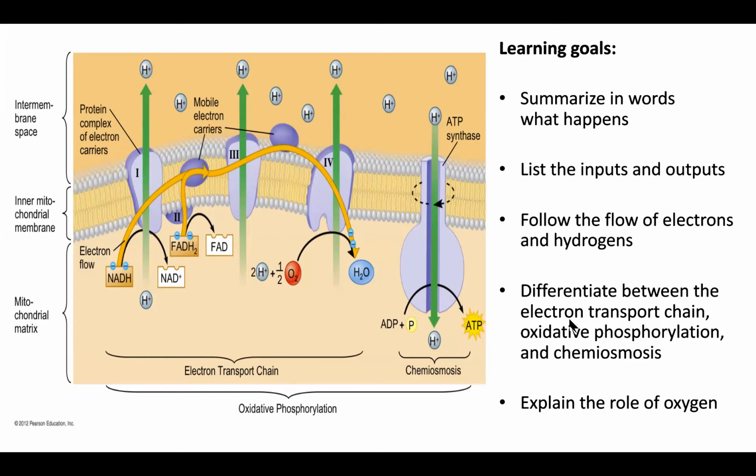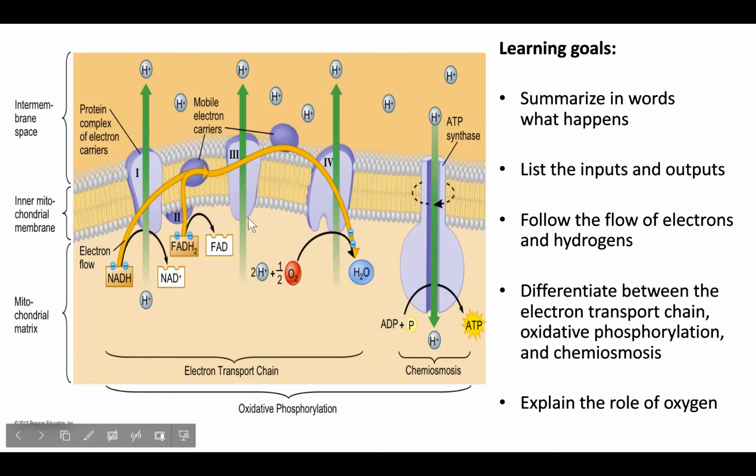These 3 words are kind of used all similarly, but they're all different, and I want us to be able to tell the difference between them. And then lastly, explain the role of oxygen. We know that oxygen is really important. We need to be breathing it to stay alive, but what does it actually do?